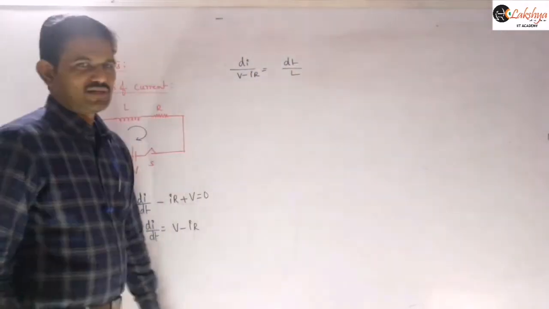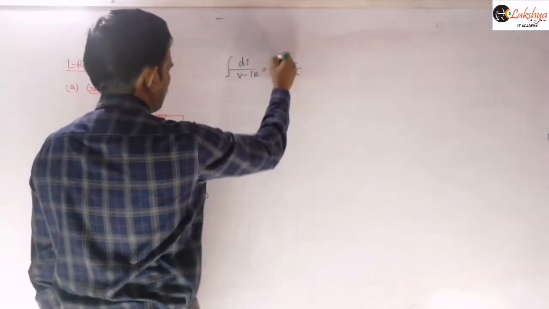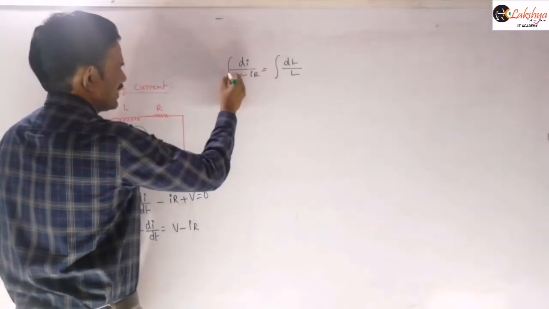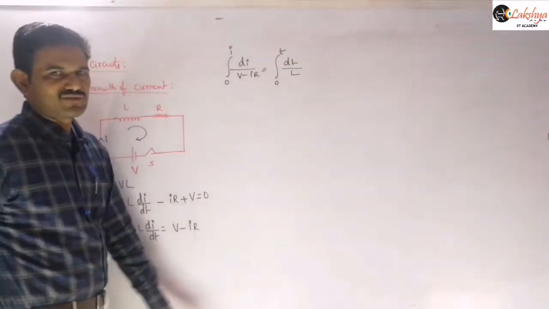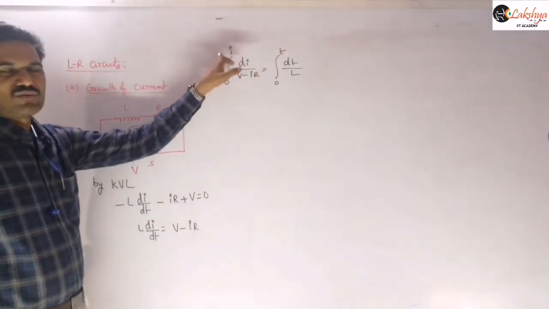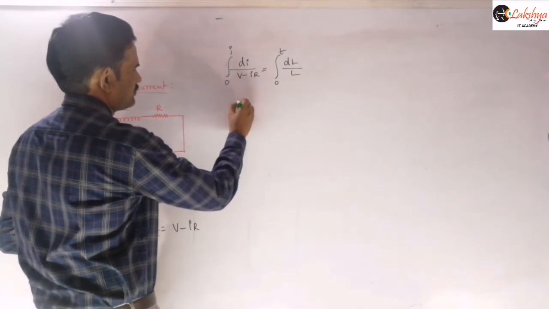L is a constant, that inductance, that I am writing that side. So right now let us integrate this equation. This side current varies from 0 to I, and this side the time is from 0 to t. At any instant of time t, we are assuming this current as I.